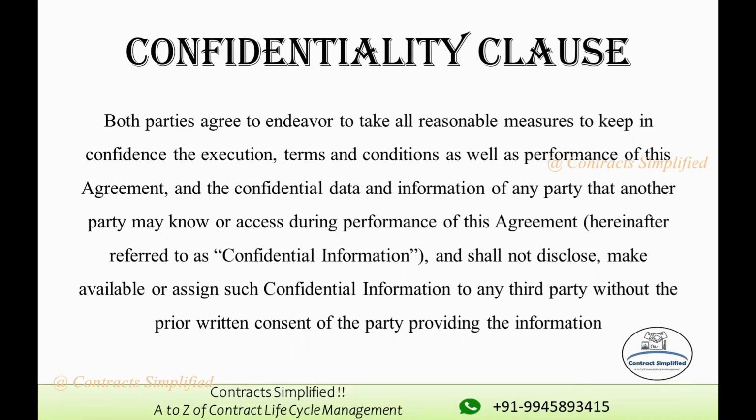Both the parties to endeavor to take all reasonable measures to keep in confidence the execution, terms and conditions, as well as performance of this agreement and the confidential data and information of any party that other party may know or access during performance of this agreement, hereinafter referred to as confidential information, shall not disclose, make available or assign such confidential information to any third party without prior written consent of the party providing the information.